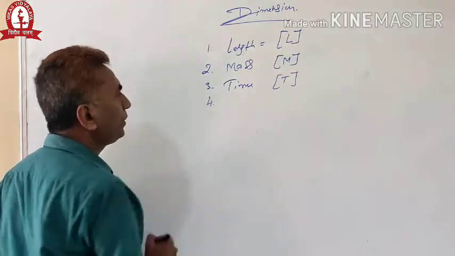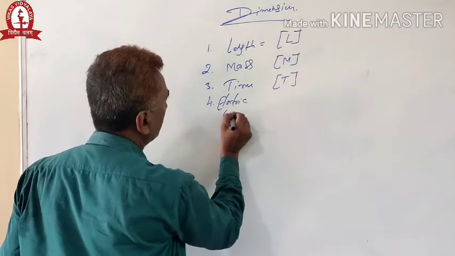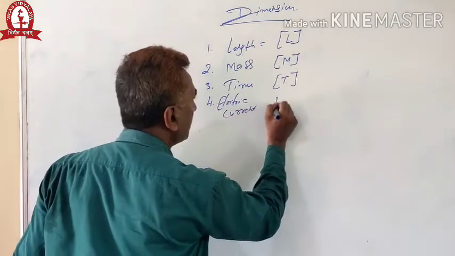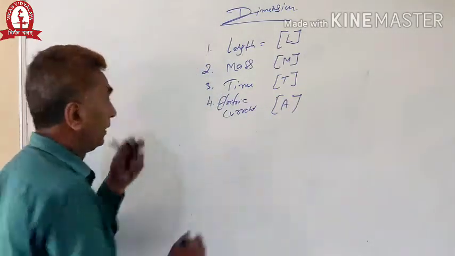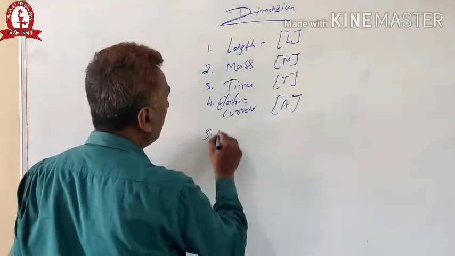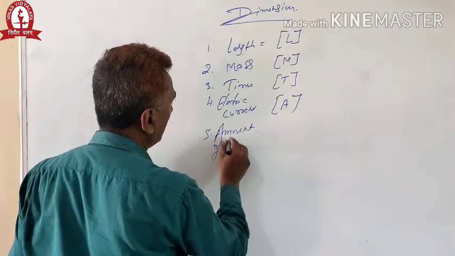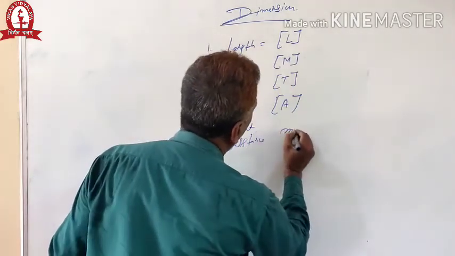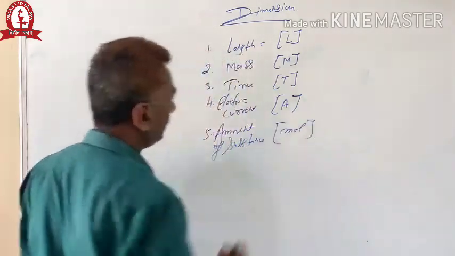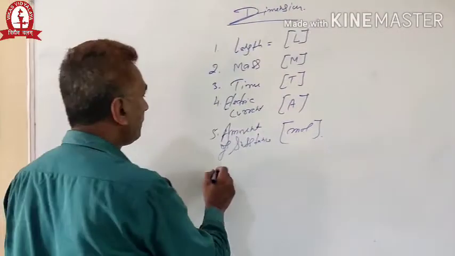Now the fourth is electric current. Electric current is represented like this: A. A represents electric current. Fifth, amount of substance. Amount of substance, that is basically in chemistry mol, mole. This is the dimension for amount of substance.